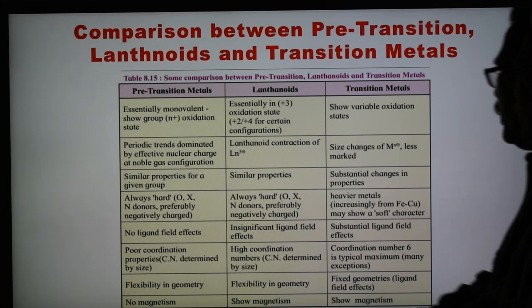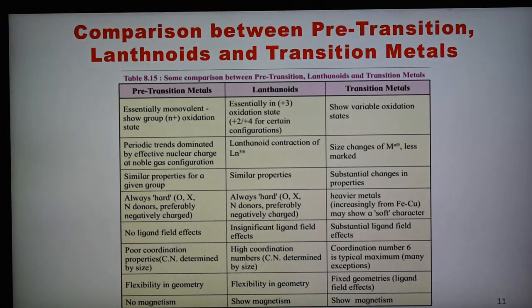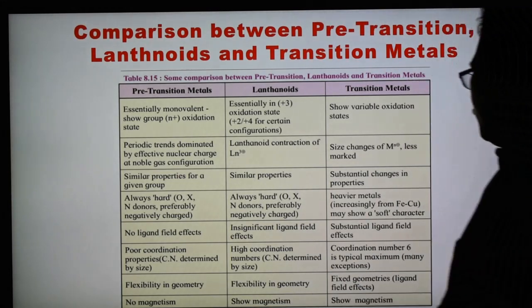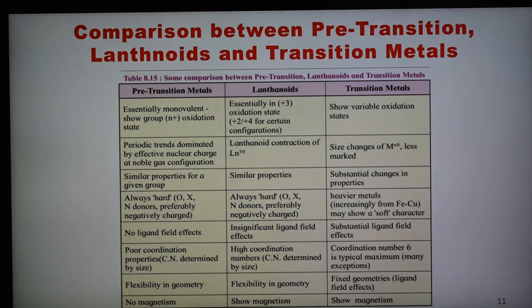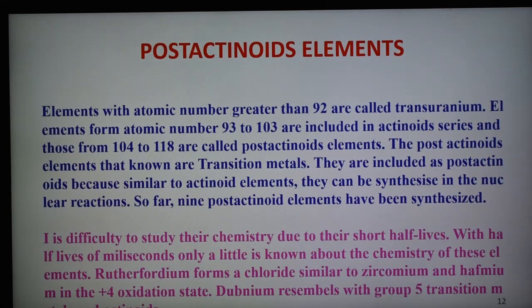There is flexibility in geometry in lanthanoids, and mixed geometries are there because of the ligand field effect. And no magnetism is found in this case, and here they show magnetism, and transition metals also show magnetic behaviors. So this table shows the comparison between pre-transition lanthanoids and transition metals.